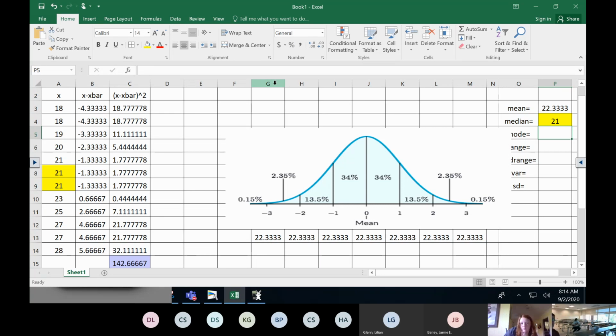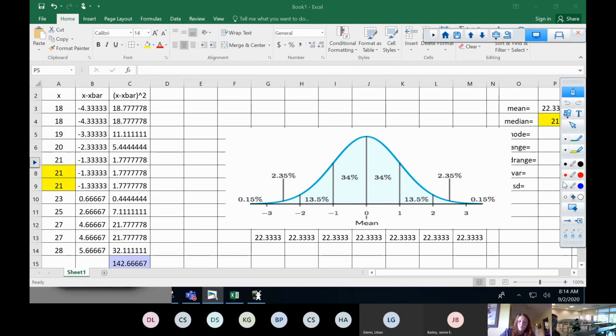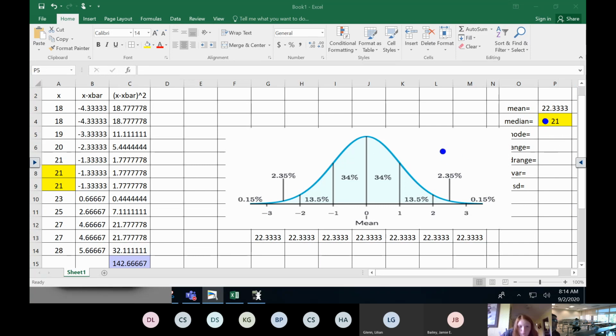Now I want you to highlight something here. That 21 right here in yellow, I'm going to put a blue dot beside it, because that blue dot is right here.